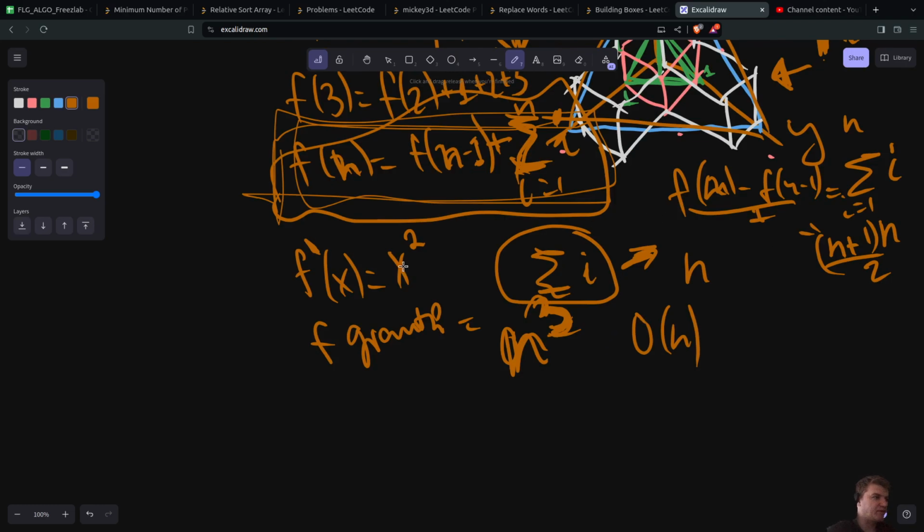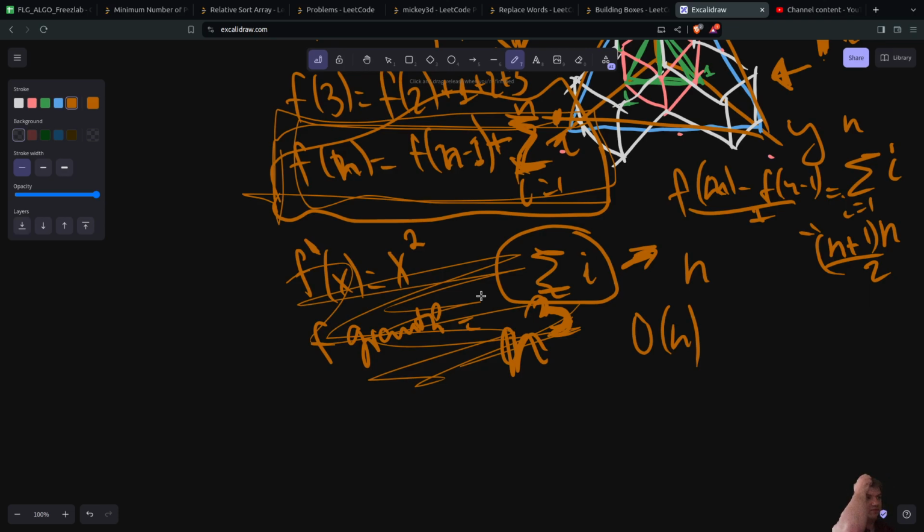So time complexity, yeah, ignore that. Time complexity is, so n here is actually the input size.